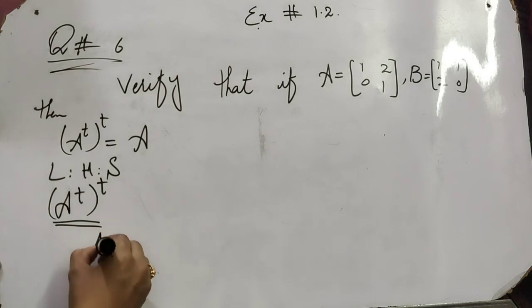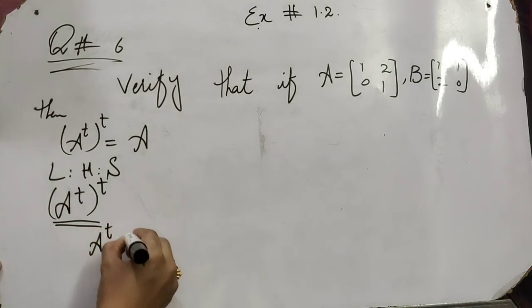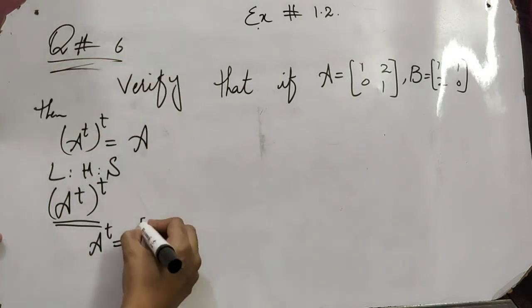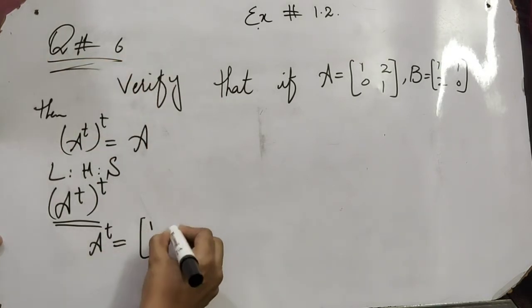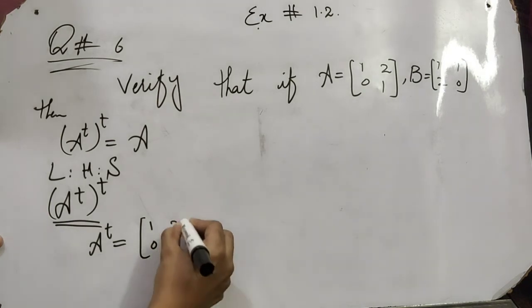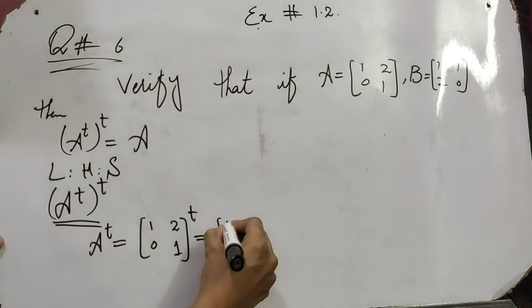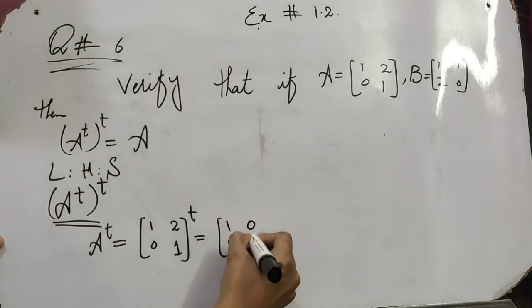So we take A transpose, which will be equal to 1, 0, 2 and 1 whole transpose, which is equal to 1, 2, 0 and 1.